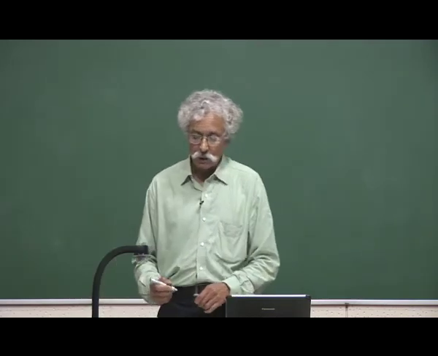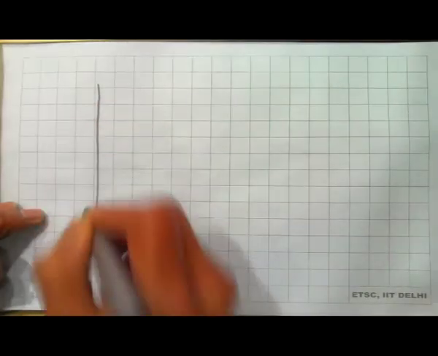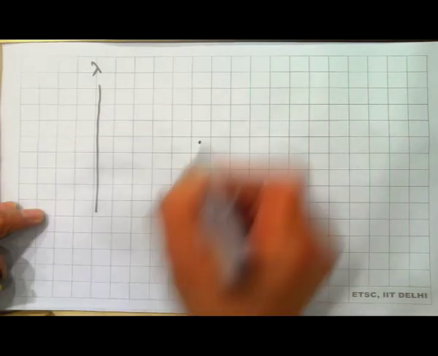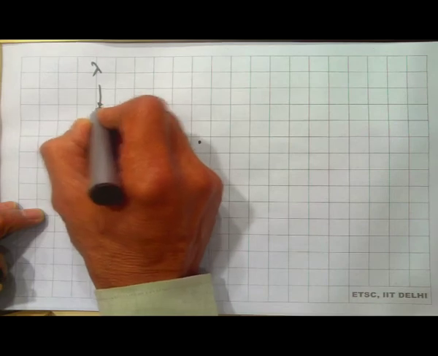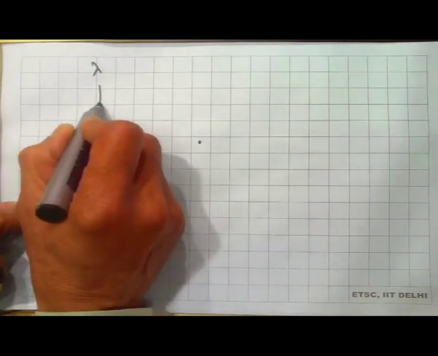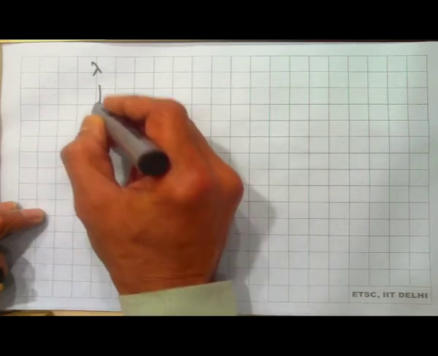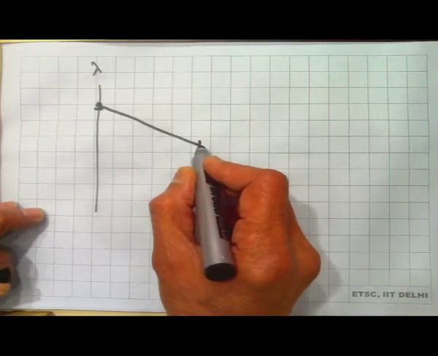So, in principle it is possible, for example, if I am given a line charge like this, line charge density lambda, if I want to calculate the electric field at any point, what I would have to do is to take a small element here and calculate the electric field because of this element at this point, and add up all the elements on the line charge to get the total electric field here.